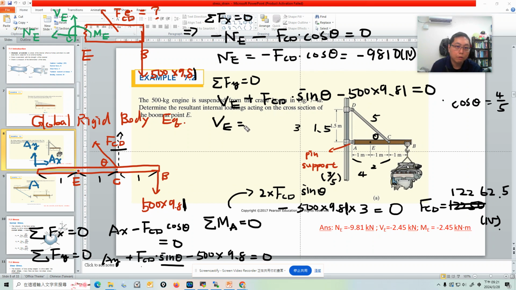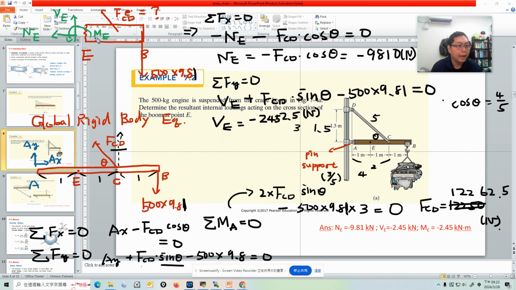Let's use a calculator again. 500 times 9.81 minus 12262.5 times sine theta, where sine theta is 0.6. So it will be minus 2452.5 Newton. So actually the answer is minus 2.45 kilonewton. Okay, the same answer. Finally, what is ME?